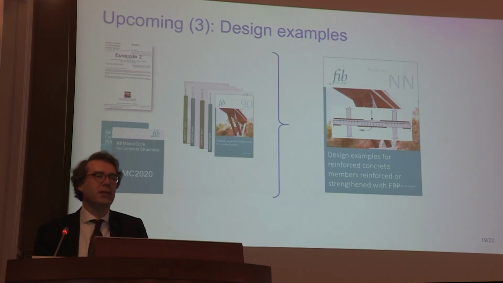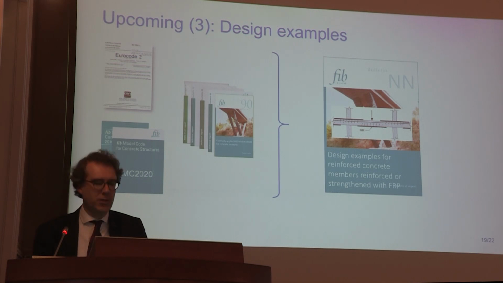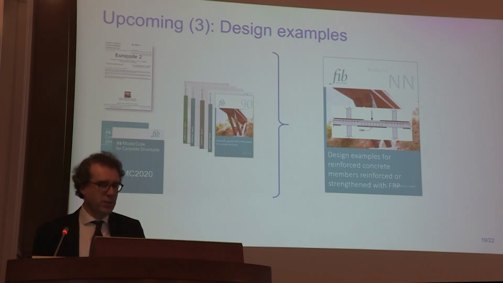It will be a new bulletin which discusses a set of design examples, to really help engineers go through the design. If you read Bulletin 90, you see all the equations, but in this document you will be guided on how to do a proper design calculation.